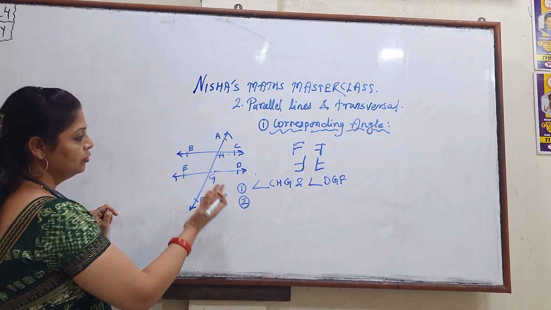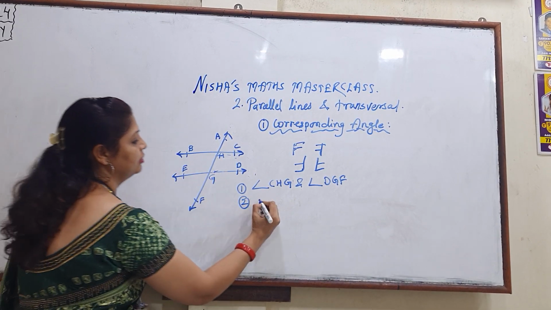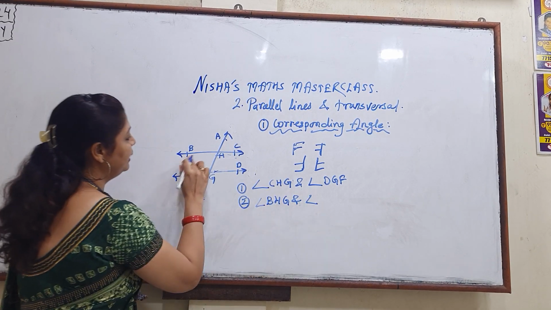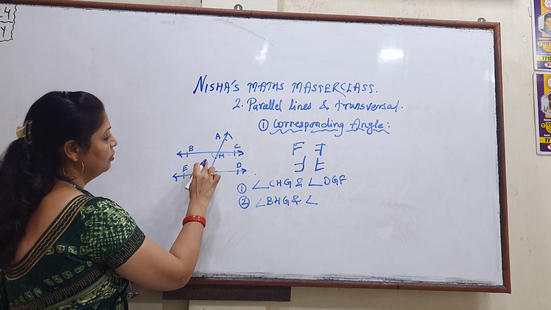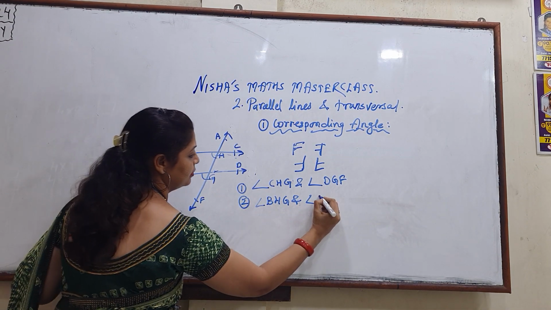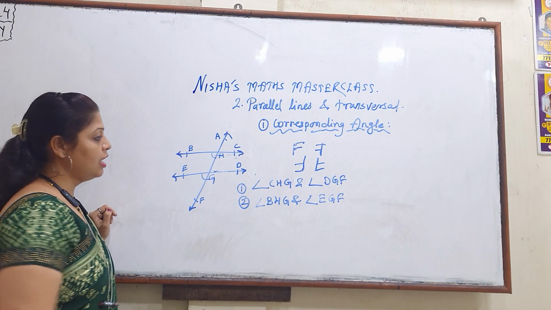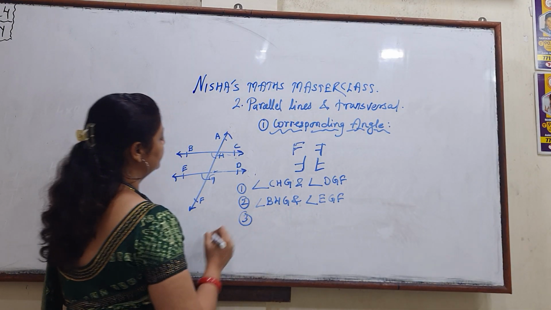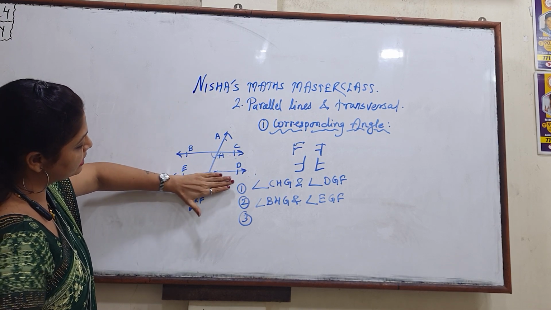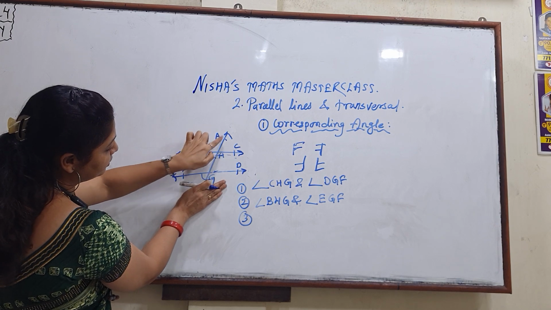Now second, we have to see this part. Angle BHG, this one, and the next angle EGF. Understood? Afterward the next pair: if we see the reverse order of F, I hide this one and this one. Again see, this is F, correct?